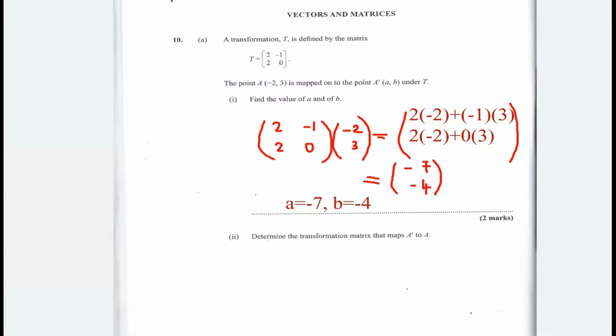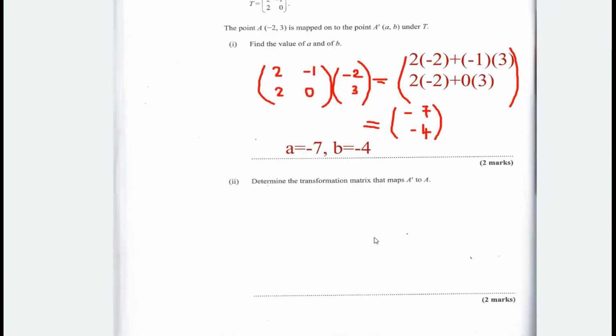All right. Now part 2, it says determine the transformation matrix that will map A prime back to A. To find the transformation matrix that will map A prime back to A is going to be the inverse of this matrix.